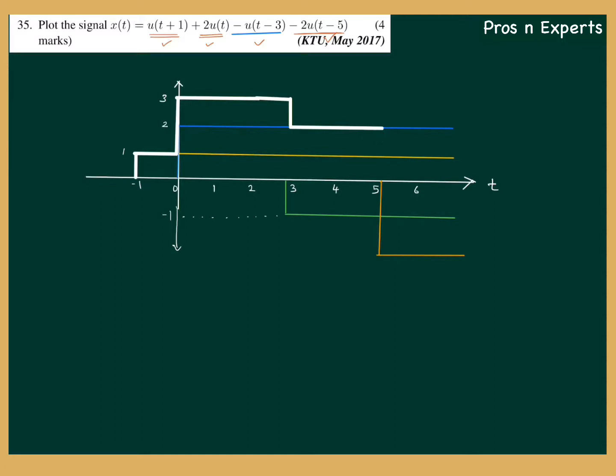Now at t equal to 5, another step signal with amplitude minus 2 is being subtracted. From this 2 you can see this 2 is being subtracted, and it reaches 0, and then the resultant goes like this. The portion given in thick white line is the answer to the question.